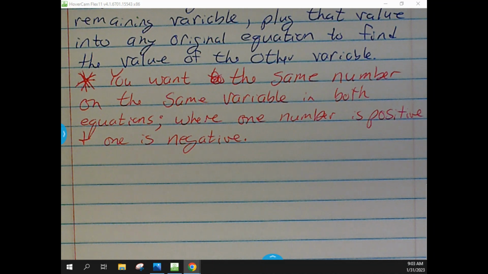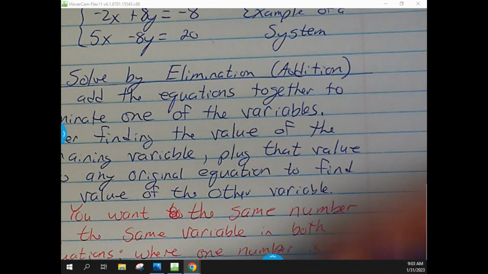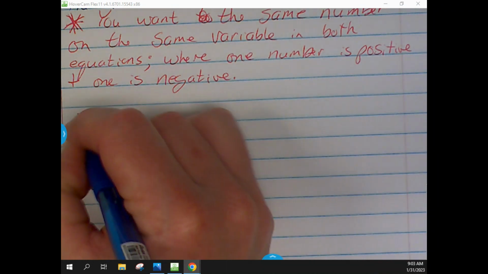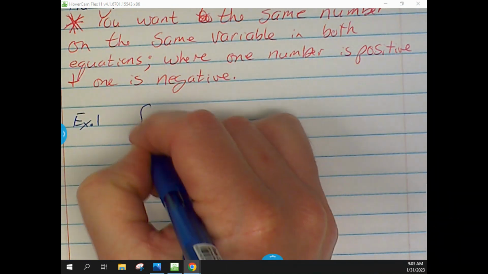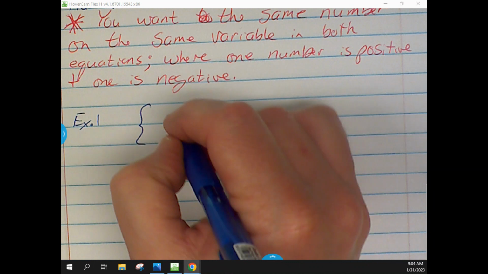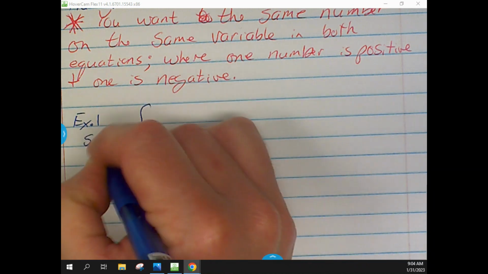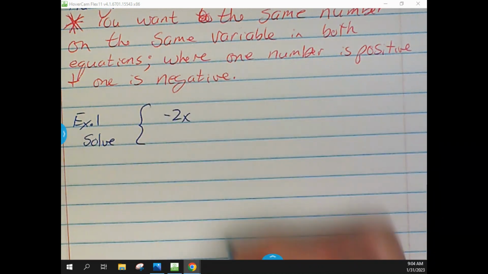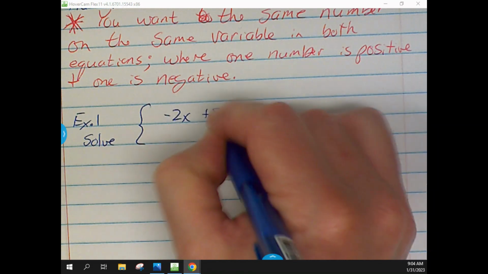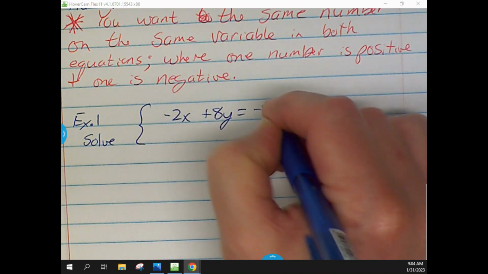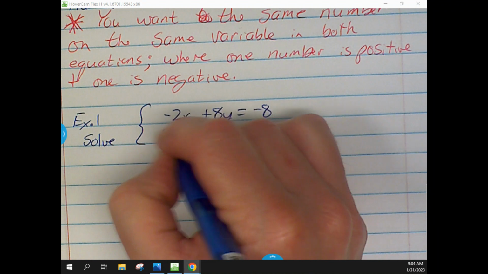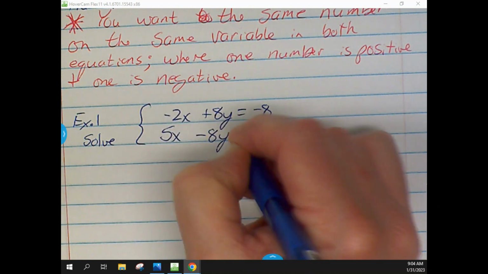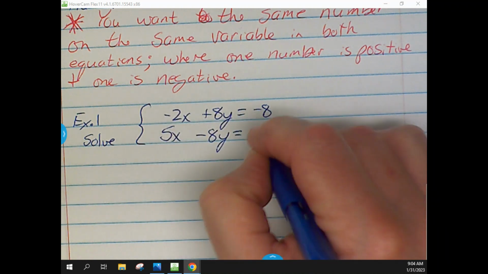Okay, so if we take this example we had back up here and just rewrite that one, we'll use that for example 1. And usually they'll tell you just to solve. We got negative 2x plus 8y equals negative 8. We've got 5x minus 8y equals 20.